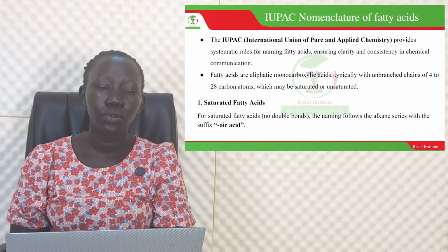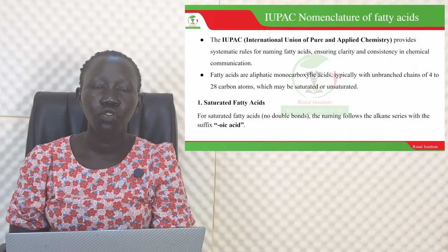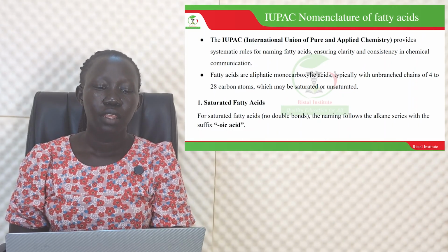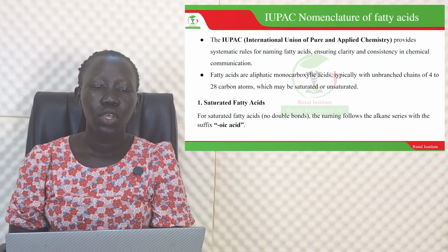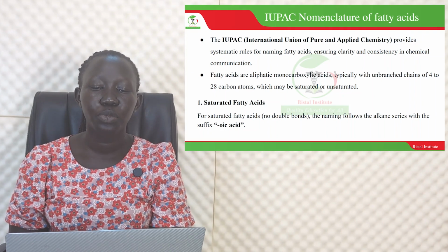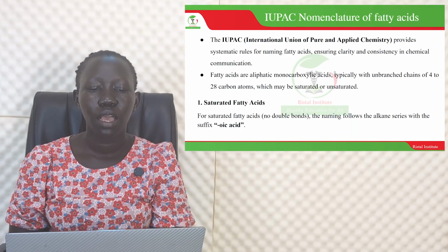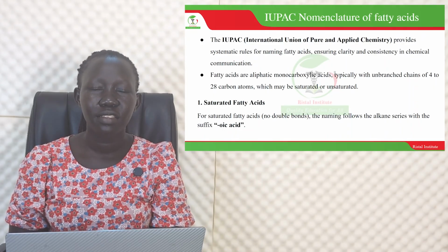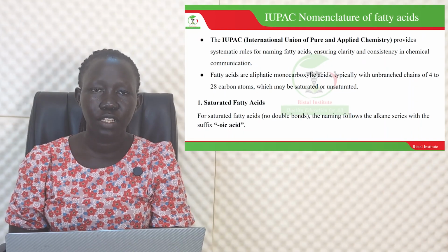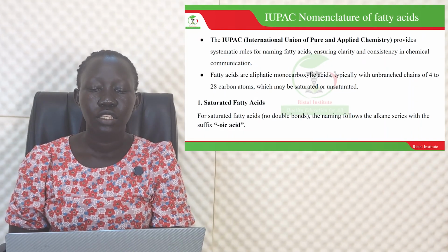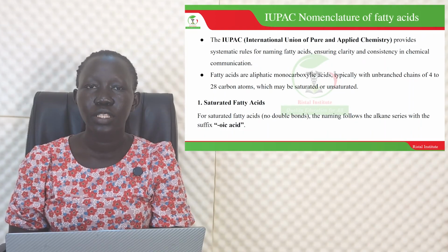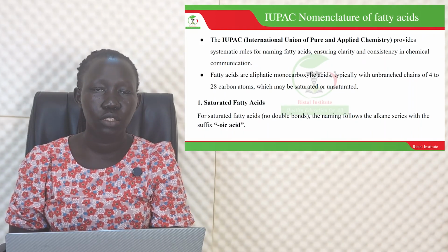Let's go ahead and also look at the IUPAC nomenclature of fatty acids. The word IUPAC stands for the International Union of Pure and Applied Chemistry. This union provides the systematic rules for naming fatty acids, and it ensures clarity and consistency in chemical communication.